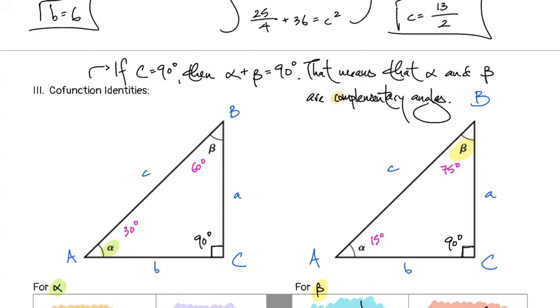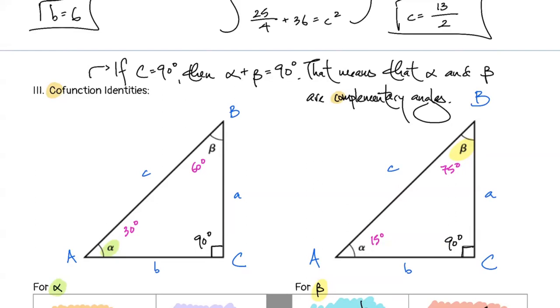Complementary angles help us talk about the co-function identity. The C and the O in the beginning here, right?